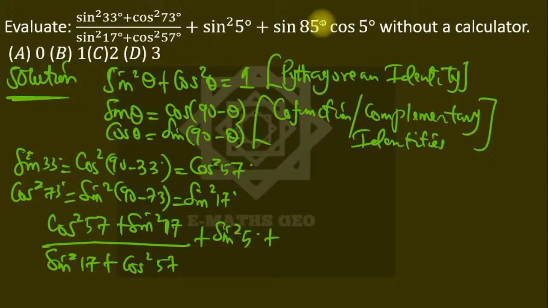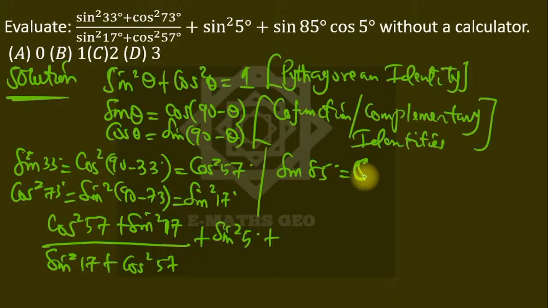Sine 85 is the same thing as cos of 90 minus 85, which is cos 5.